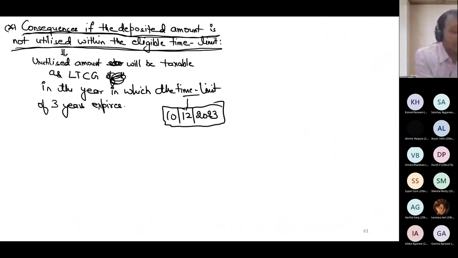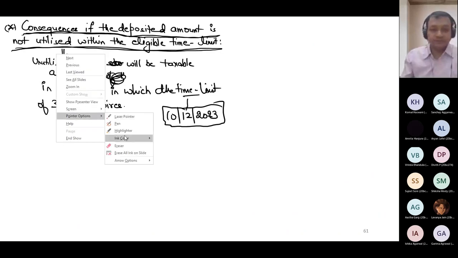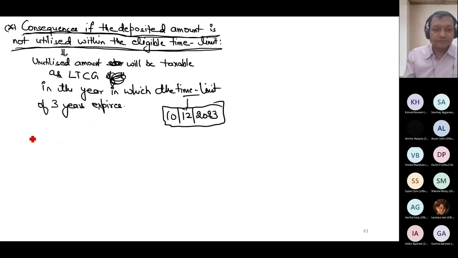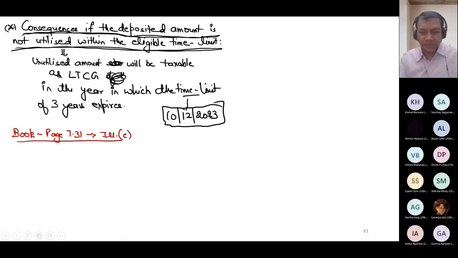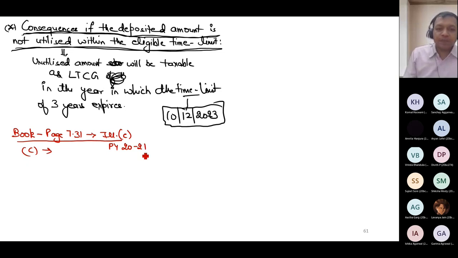Let me discuss this with the help of an illustration again from my book. Page 7.31, illustration E, continuing the same illustration C, where in the previous year 2021 there was LTCG of 17 lakh.